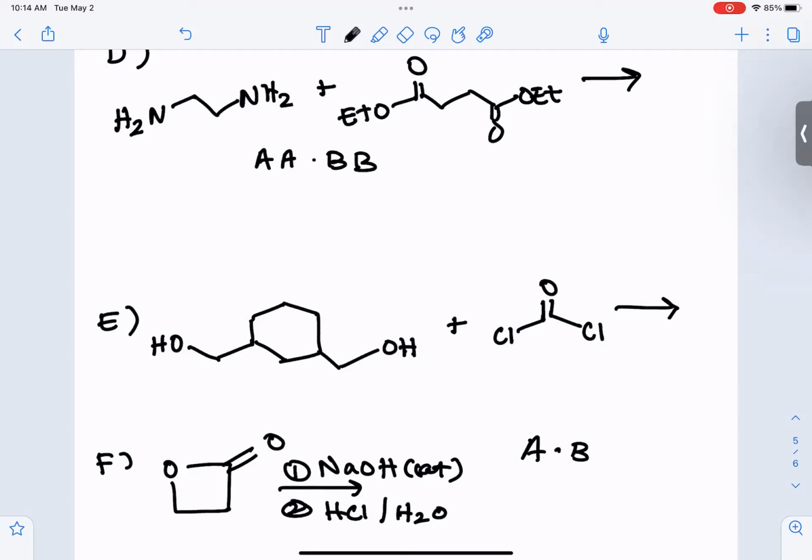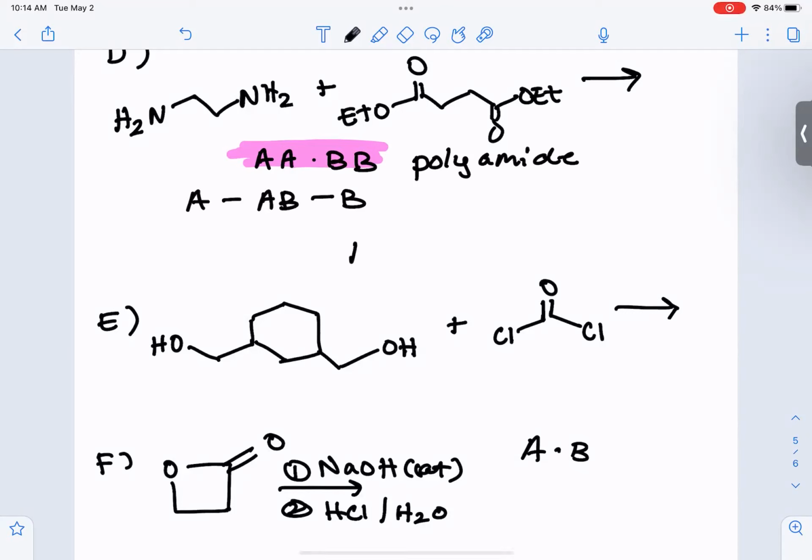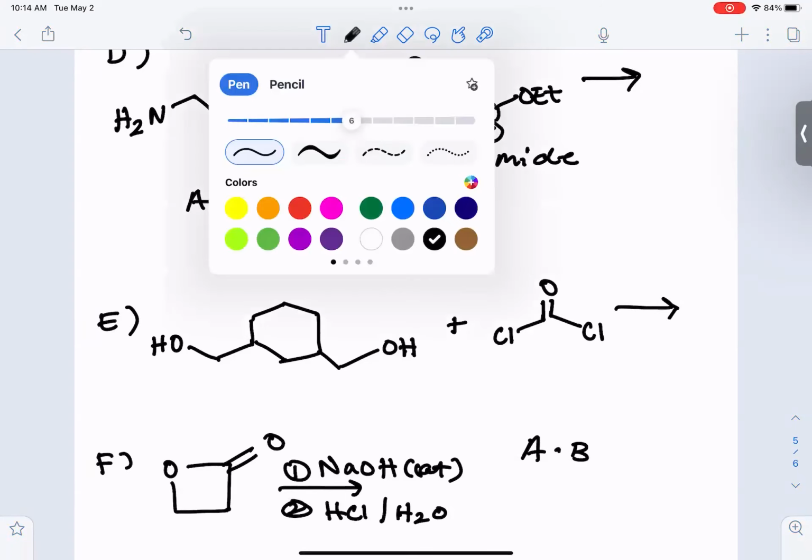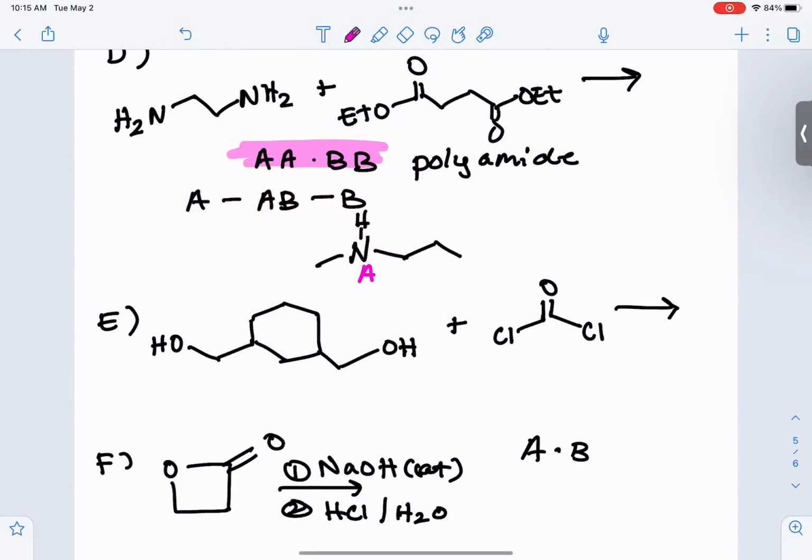All right, so for this first one, it's a polyamide. So also, if you think about this whole A, B, B, what that means is on the end, you have to have one A, and then in the middle, you're showing A, B linked, and then on the other end, you're showing the B. Okay, so. Here's my A end.